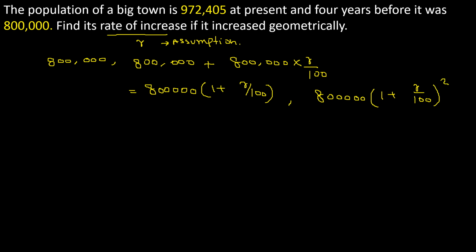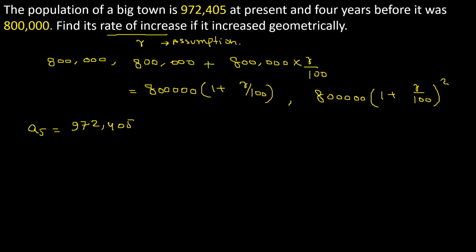So what actually is given to us? If we take this as a sequence whose first term is this one, then after 1 year that is the second term, and after 2 years that is the third term. So actually this is the fifth term of this sequence. So eventually a5 is given to us as 972,405.